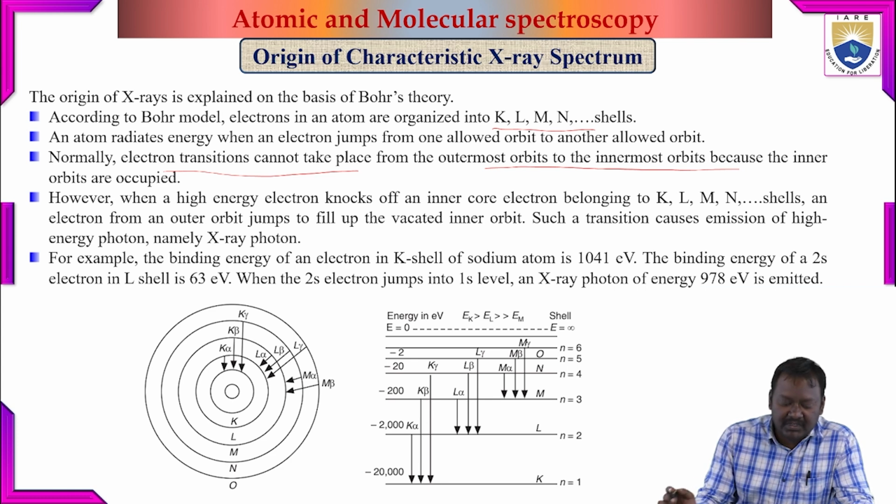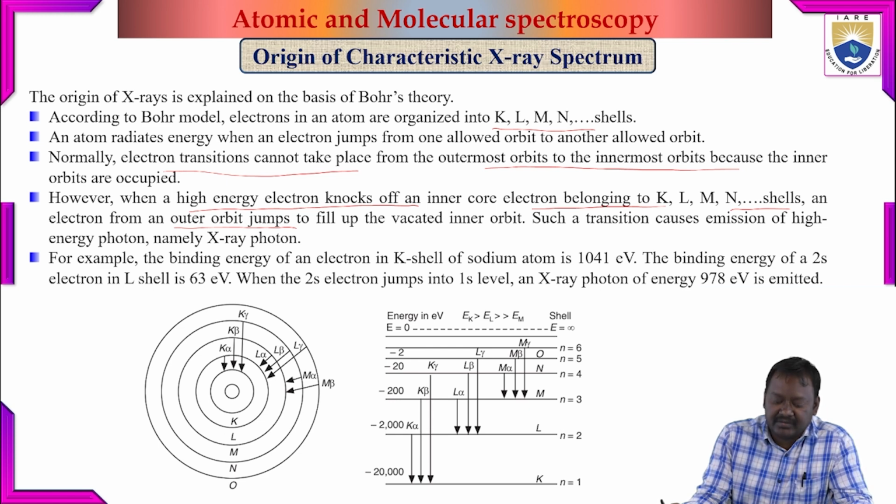difficult. However, when a high energy electron knocks off an inner core electron belonging to the K shell, an electron from an outer orbit jumps to fill up the vacated inner orbit.